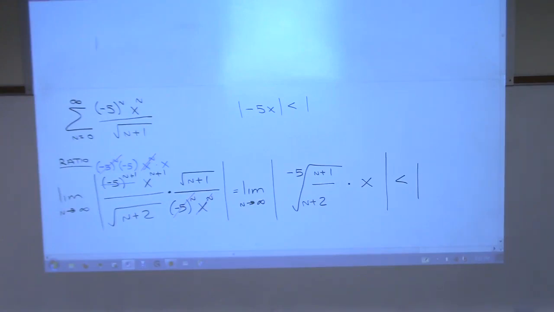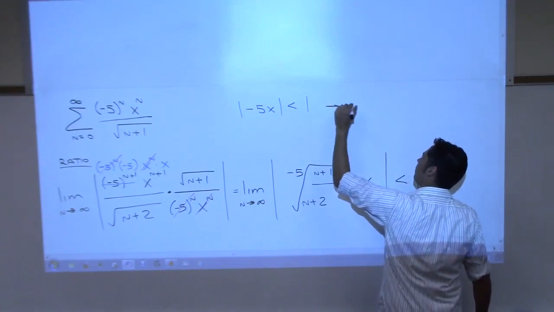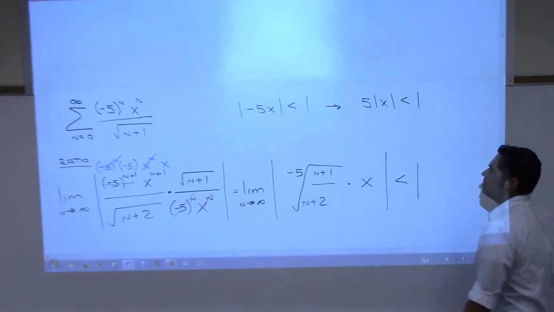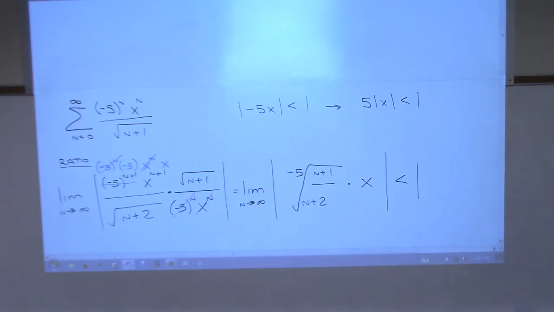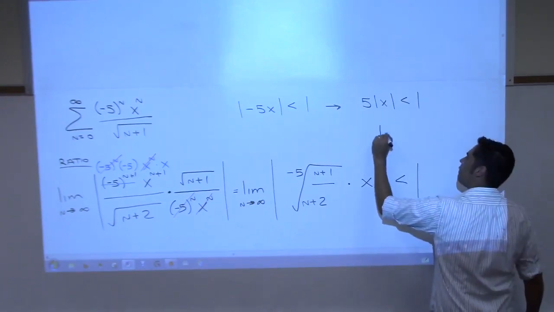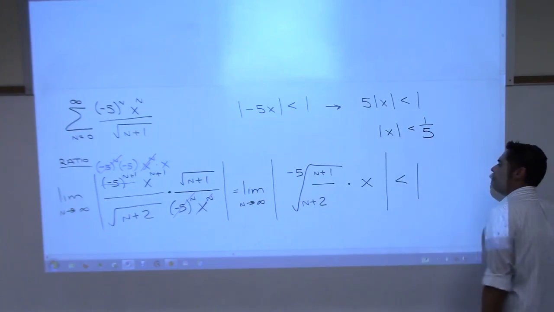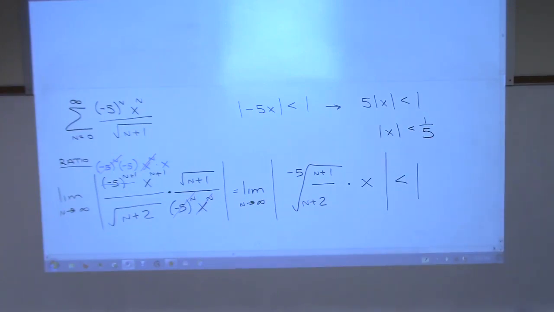All right. This is really this, because you can take the absolute value of negative 5, which is just 5, then bring it out. And then I'm going to divide by 5. Absolute value of x is less than 1/5. Why am I doing all this?